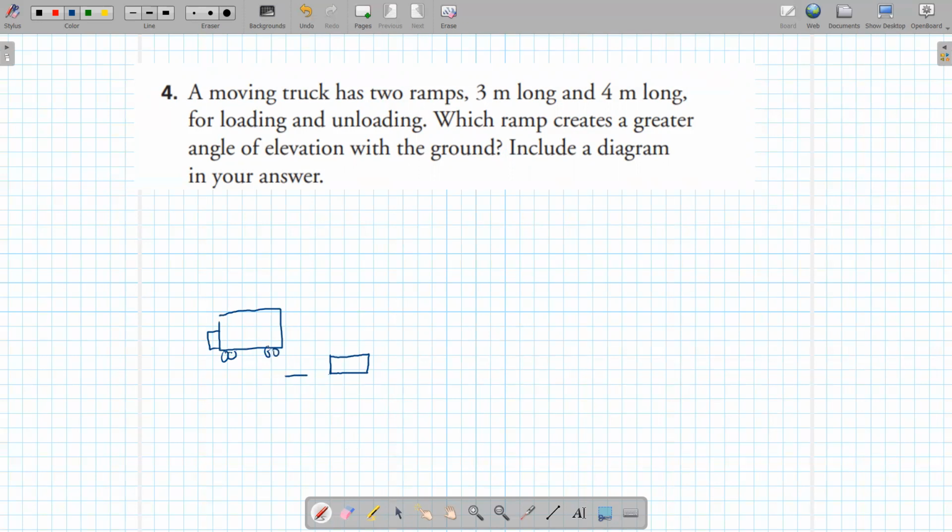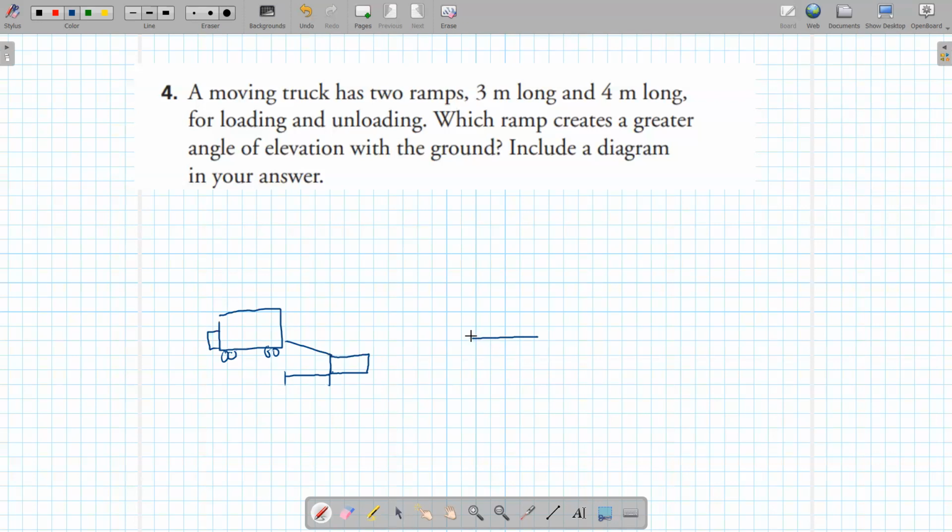Notice how this distance is going to be the same regardless, okay? The distance from the truck to wherever it's loading and unloading is going to be the same, okay? The only thing that's going to change, the base is going to be the same. The only thing that's going to change is the ramp. The ramp is the hypotenuse.